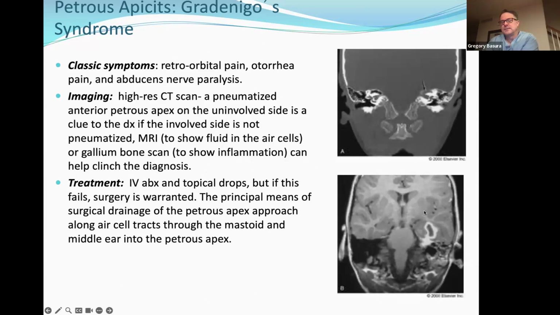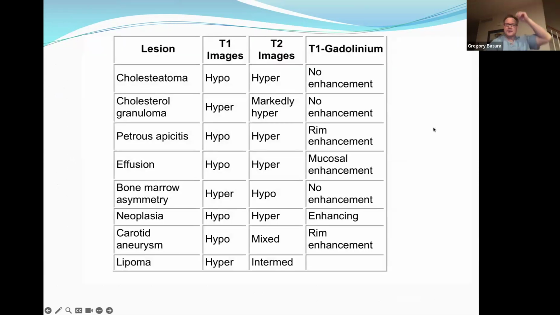Patient needs to be on antibiotics, obviously admitted, IV therapy, all that kind of thing, right? But again, these patients are going to present differently, of course, than somebody who has a cholesterol granuloma, right?